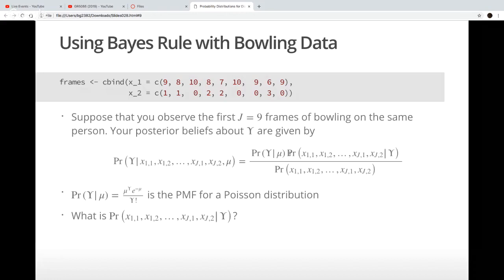What would be our expression for the probability of what happens on 9 frames? Say the joint probability of what happens on 9 frames. Nine independent frames.